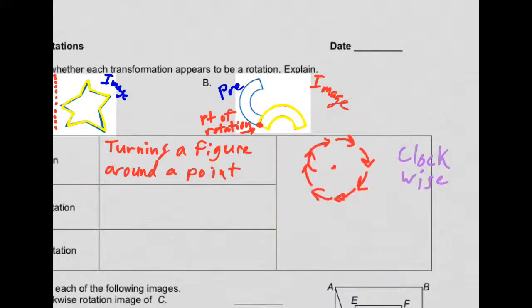Counterclockwise just goes the other way. That's counterclockwise. So think about it. How do you go over this point right here? Clockwise, you go to the right, and counterclockwise, you go to the left.